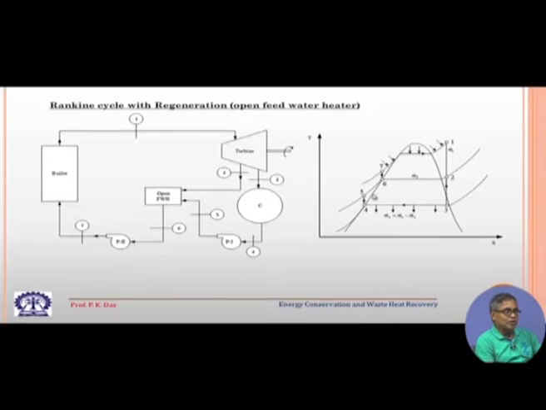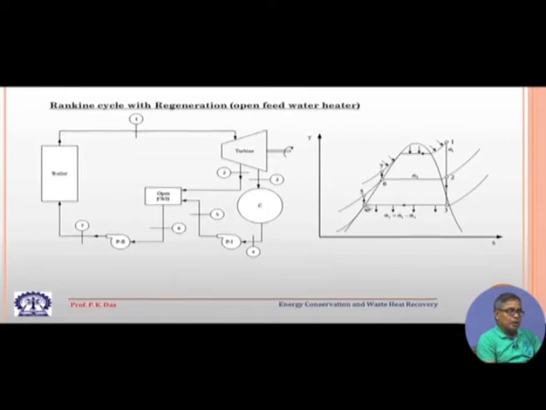This is one important thing: if the condensate has to go to the open feed water heater, then it should be raised to the same pressure at which we are extracting the steam, otherwise it will not go there. So this pressure is equal to P2.